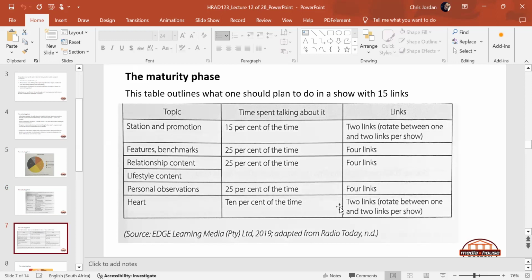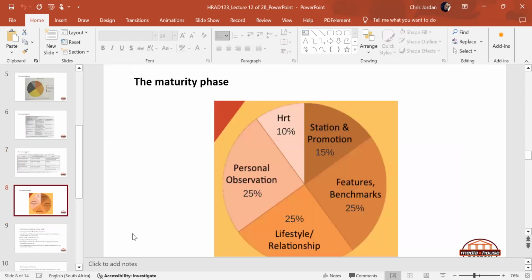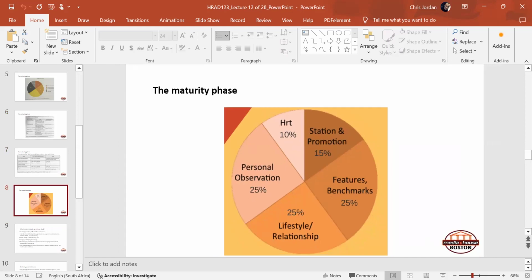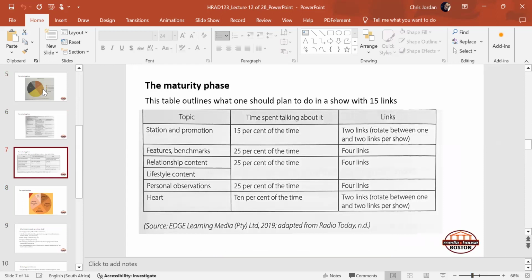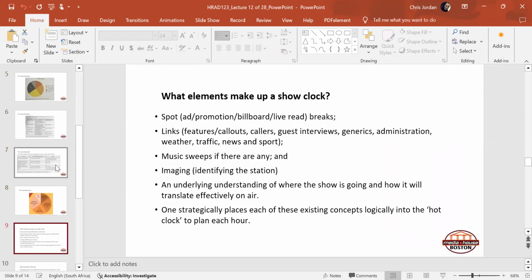For me, a better approach is to use a combination, so combine them in between, working on the total percentages more than the separation of the links itself. Once again, there's a little picture for the maturity phase, just to represent it, literally a repeat there.